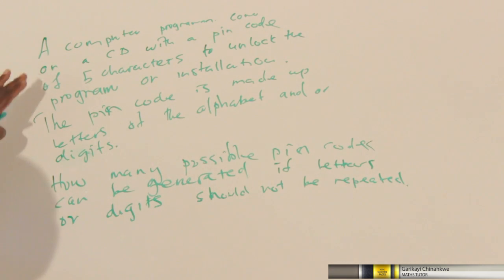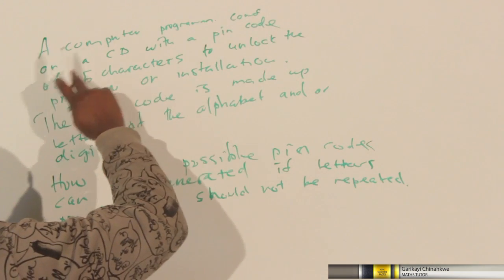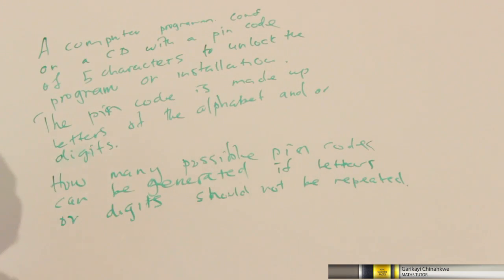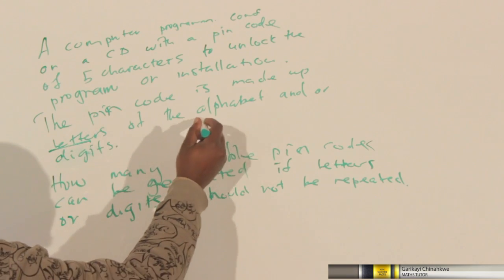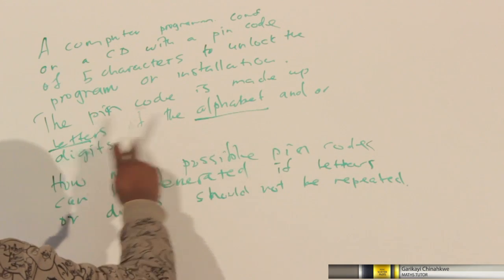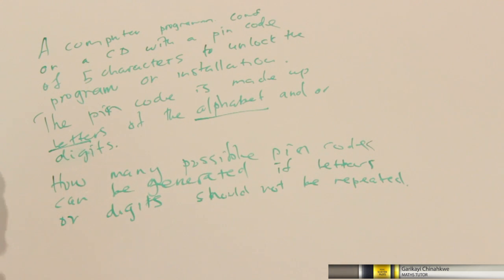Let me just read this. A computer program comes on a CD with a pin code of 5 characters to unlock the program on installation. The pin code is made up of letters of the alphabet and/or digits. How many possible pin codes can be generated if letters or digits should not be repeated?